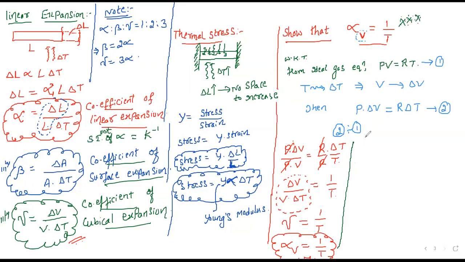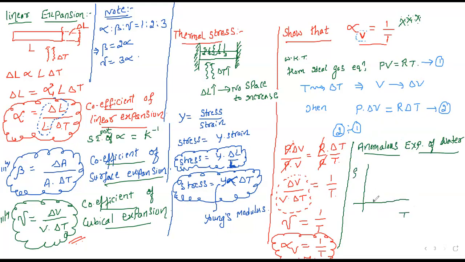In addition to this, there may be a one-concept question here, that is, the anomalous behavior of water, the anomalous expansion of water. What is that? Suppose I take the density versus the temperature.